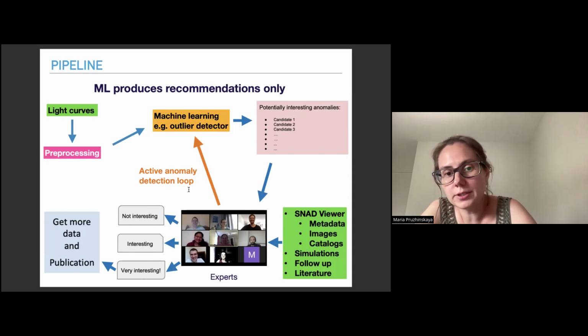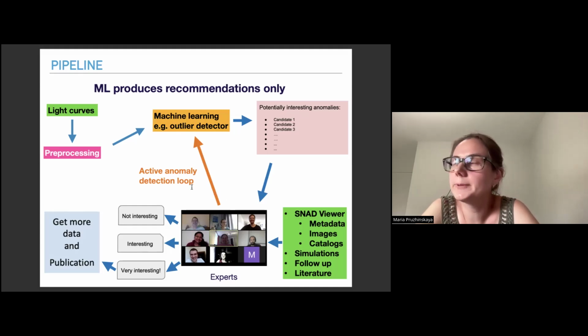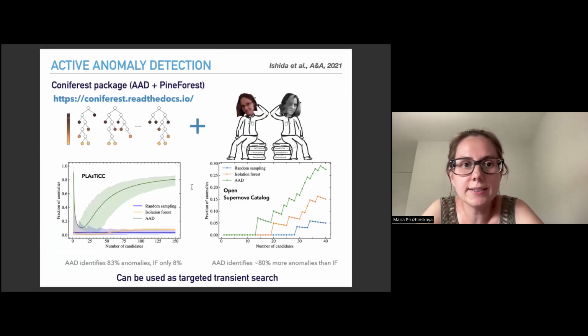What is important here, you could also see this arrow saying active anomaly detection loop. This is a kind of philosophy that we apply in SNAD. We can call it active anomaly detection.